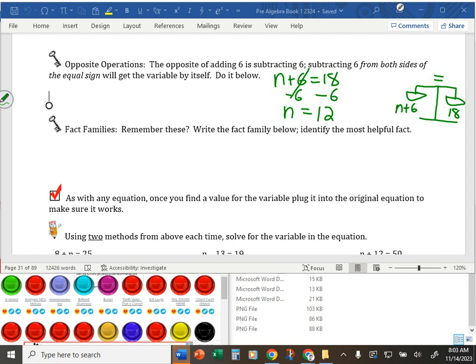So the correct play here is to subtract 6 from 18. The reason why is because it's undoing what's being done on the left side. Opposite operations. It goes back to PEMDAS, right? Addition and subtraction are opposite. So if we're adding 6 on the same side as n, we subtract 6 to undo that, and that'll allow us to figure out what just n is by itself.